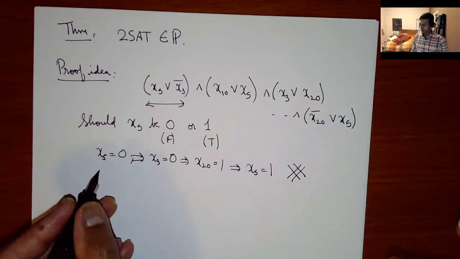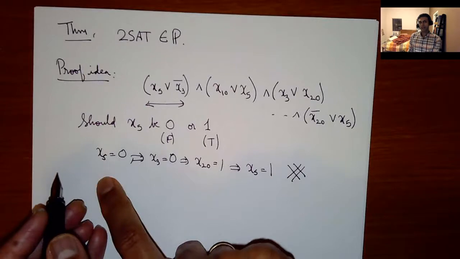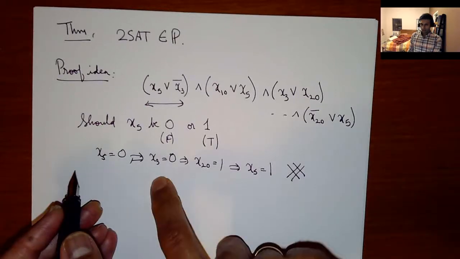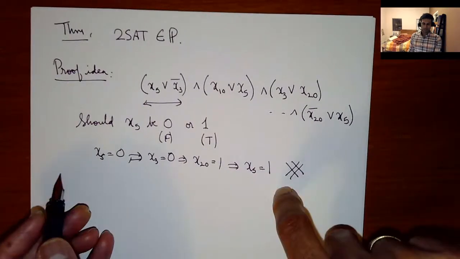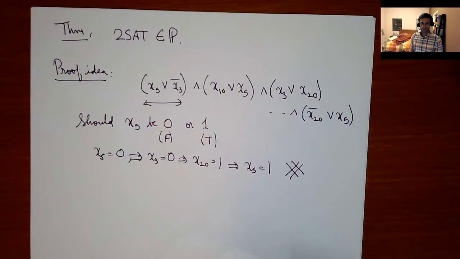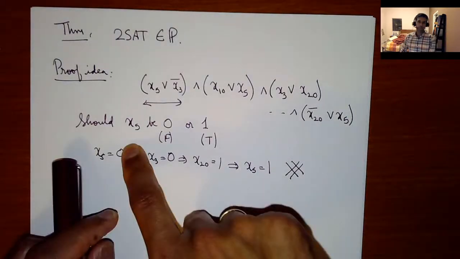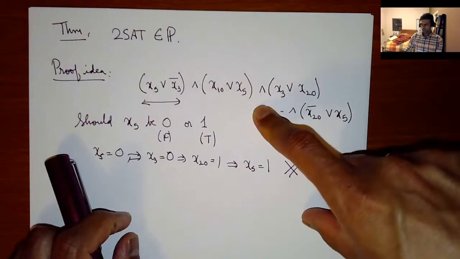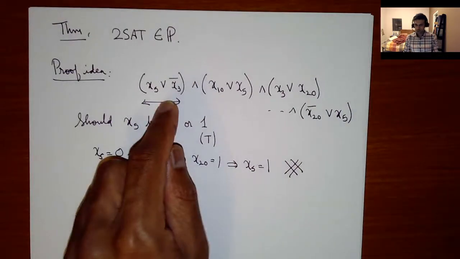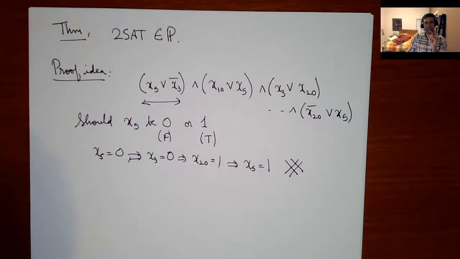So you have this cycle. You start from x5. You set x5 to something, and you keep walking through this process, and you end up setting x5 to its negation. So you know that x5 cannot be 0. Therefore, x5 has to be 1. So in some sense, you can treat each clause as an implication.